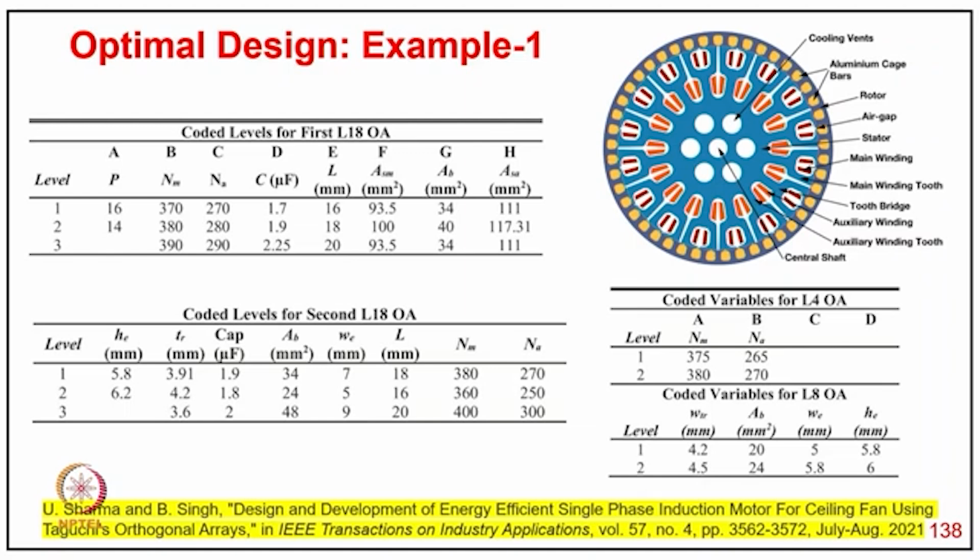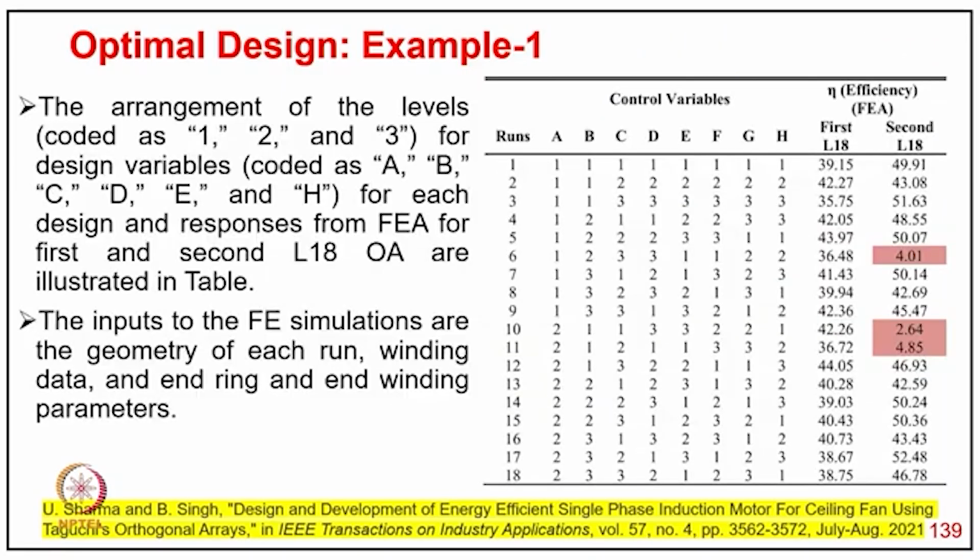As you can see, here is the complete geometry, the different parts of the motor in the cross section, shown here: levels 1 and 2 for the number of turns, auxiliary and main, and the coded bar for the width of the teeth and the bar cross-section area with levels 1 and 2. Now you can see the arrangement of the levels coded 1, 2, 3 for design variables coded A, B, C, D, E, and H of each design, and the response from finite element analysis for the first and second L18 OA is illustrated in the table.